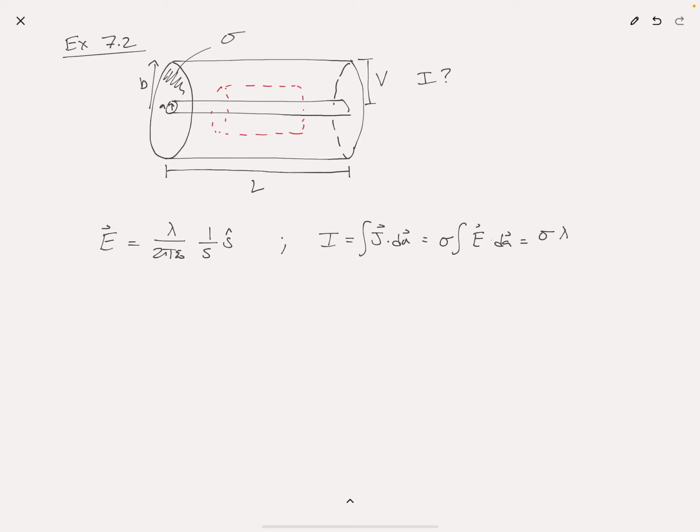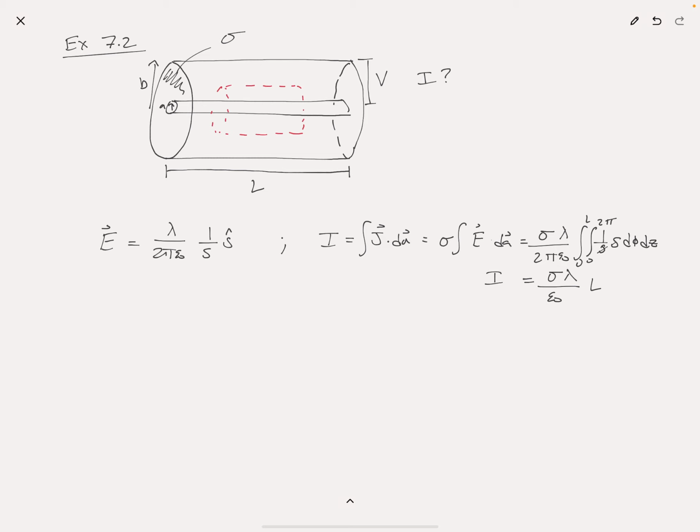Sigma lambda over 2 pi epsilon naught, 1 over s, times s d phi dz. The s's cancel, and I'm left with my current is sigma lambda over epsilon naught times L, right, where my bounds went from 0 to 2 pi and 0 to L.